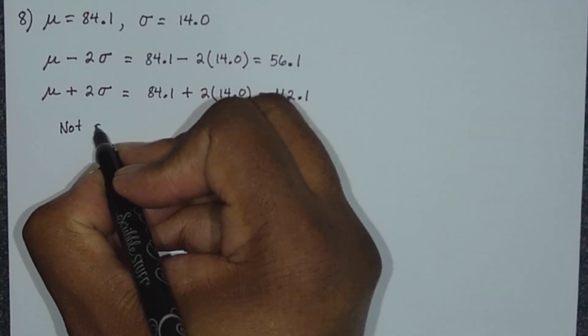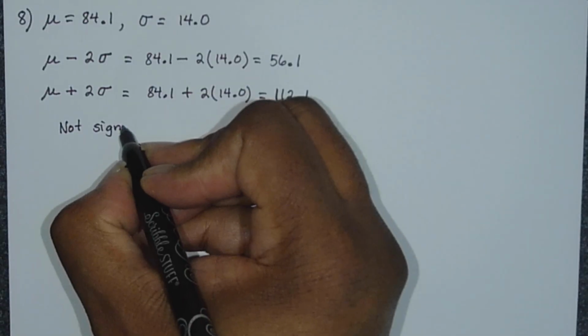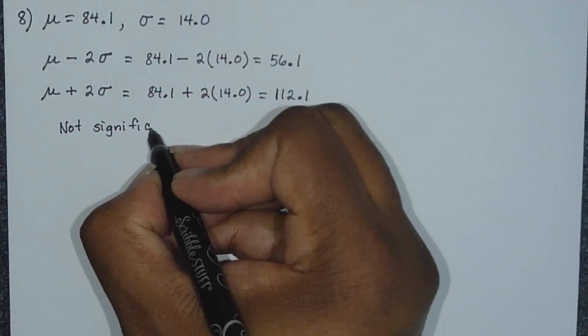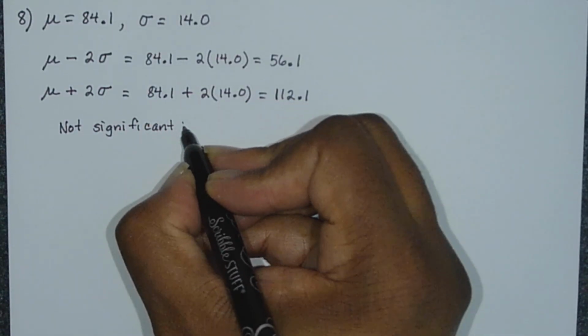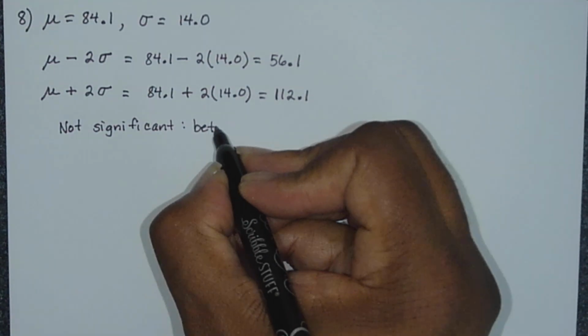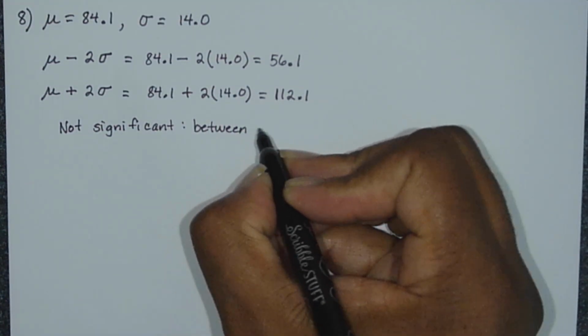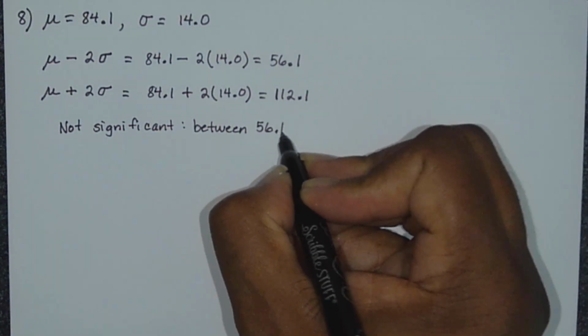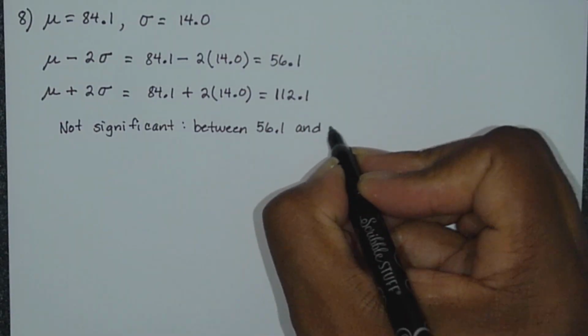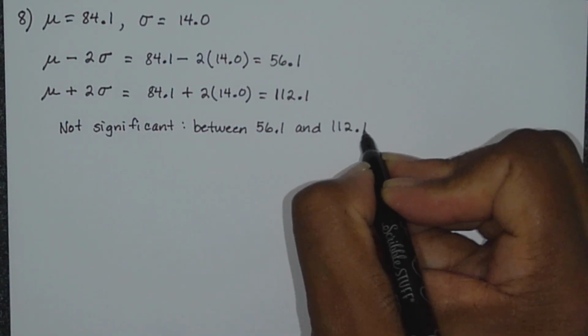So not significant would be between 56.1 and 112.1.